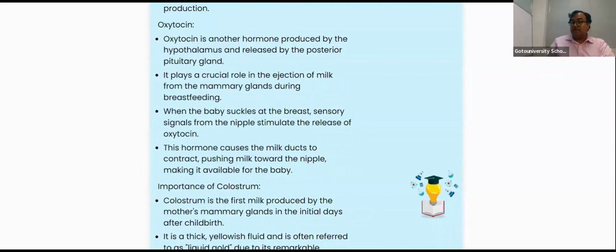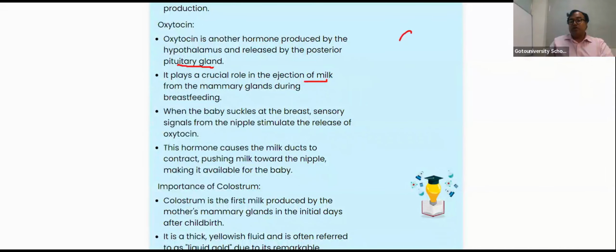Oxytocin is not participating in milk production, only ejecting the milk. Prolactin supports milk production. Then who else is involved in milk production? In terms of hormonal level, estrogen. Estrogen supports cell differentiation in the breast.